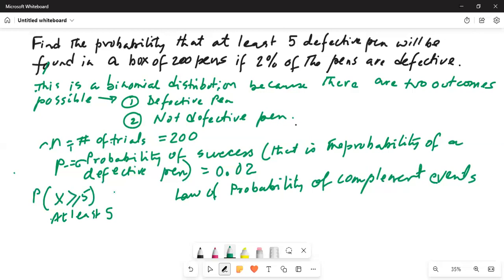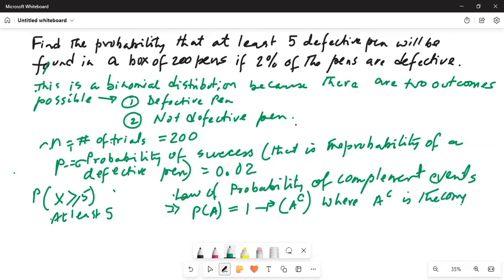This law states that probability of event A is 1 minus probability of the complement of A, where A complement means opposite, the event that does not contain A.